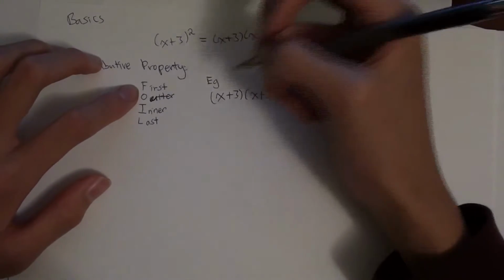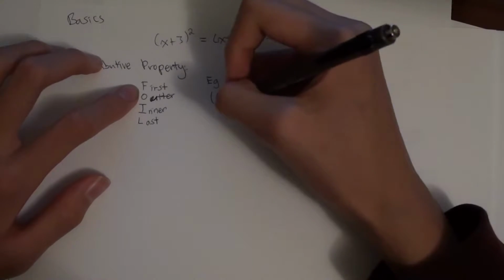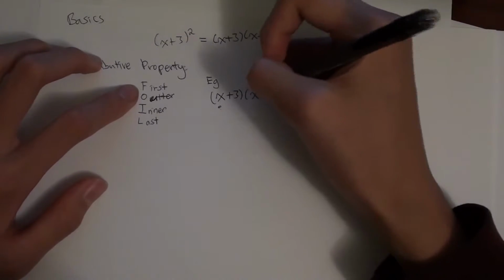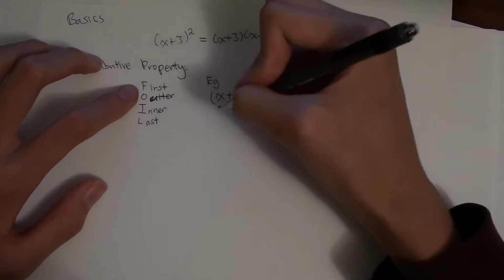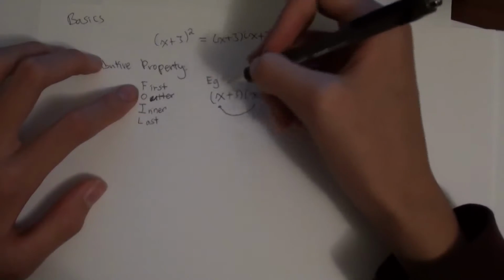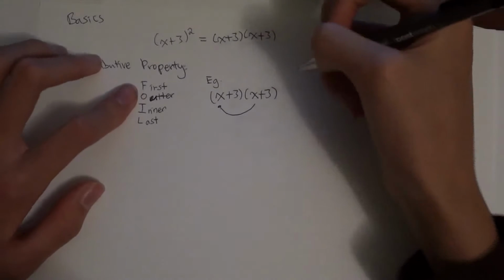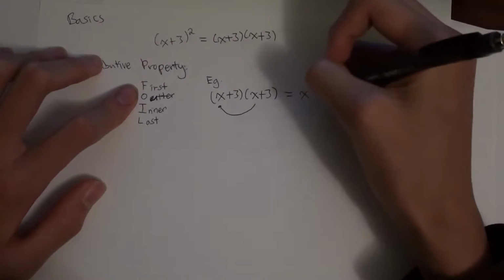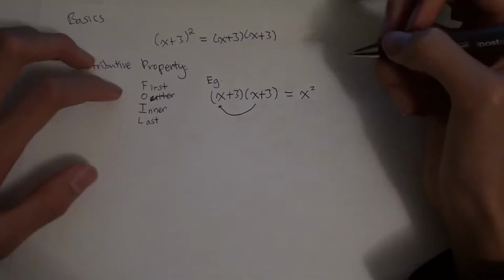This is the first term of the first factor, and this is the first term of the second factor. First basically means the two first terms. So you multiply these two together, which gives you x squared.